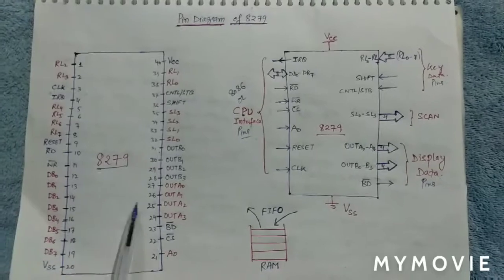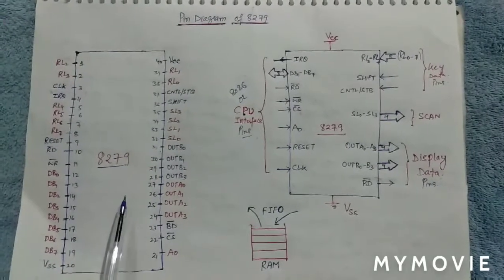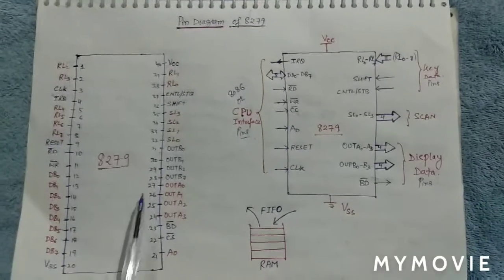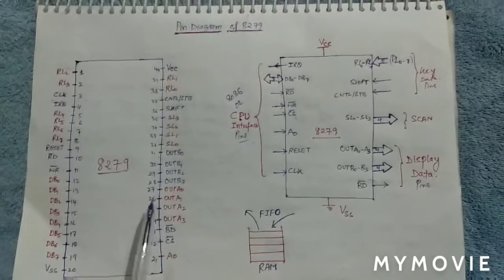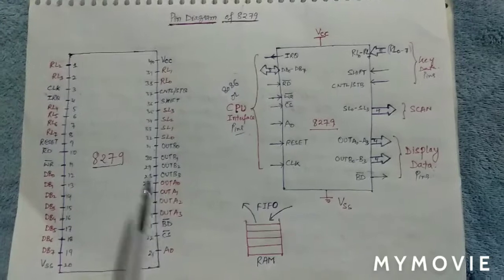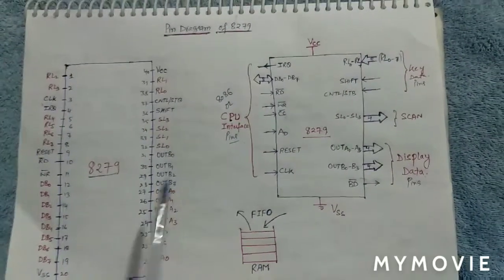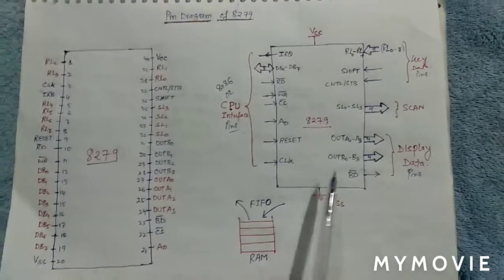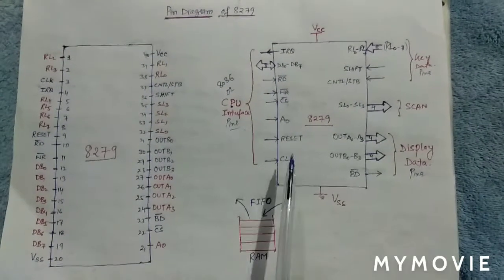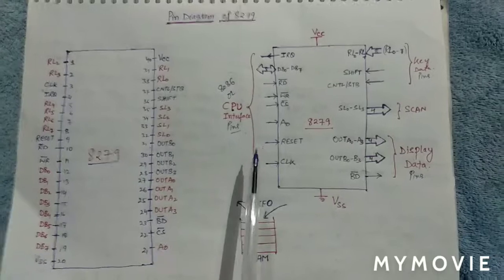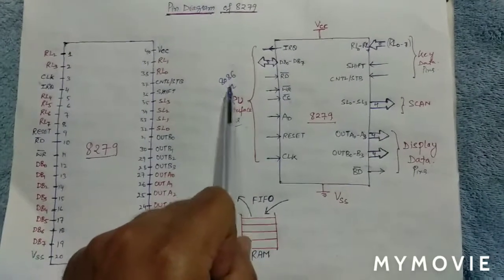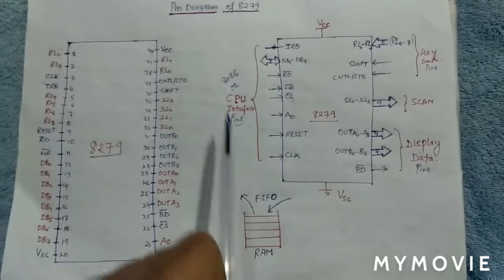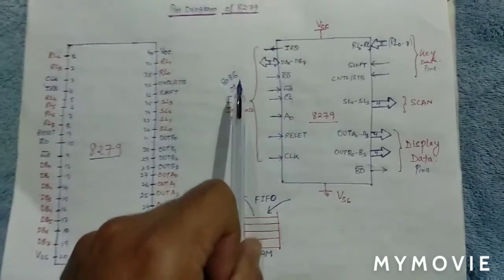All these 40 pins can be categorized into 4 categories depending upon their operation and their interfacing with other devices. These categories are shown in the second diagram. The first category of pins are to be interfaced with the 8086 processor.